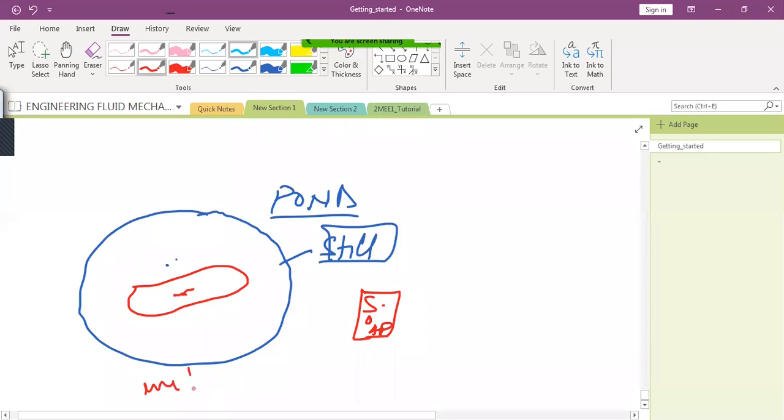So this is the initial condition, and somebody brought a soap and just touched the water surface that is lying within this loop. What will happen to the loop?